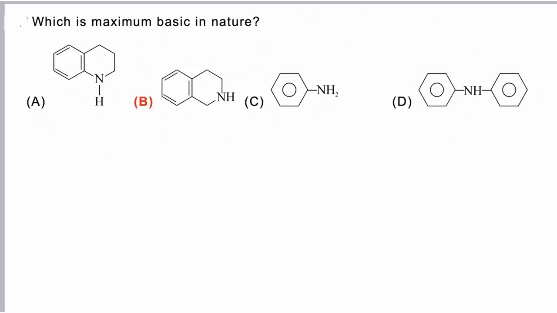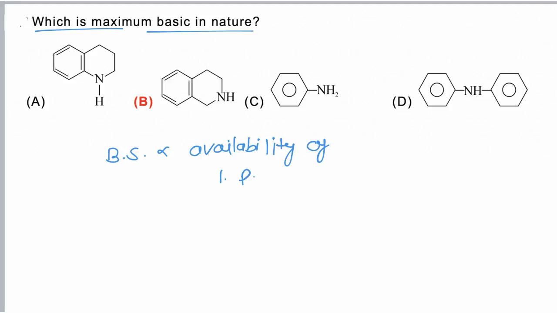In this question we have to find which of the following is maximum basic in nature. Now basic strength depends on the availability of the lone pair. If the lone pair is available on the nitrogen atom, then the basic strength will be high. So in the first case, the lone pair is delocalized, involved in resonance, hence basic strength is less.